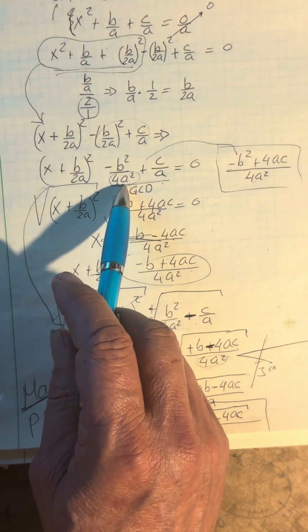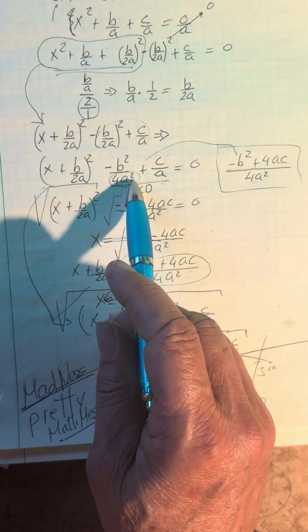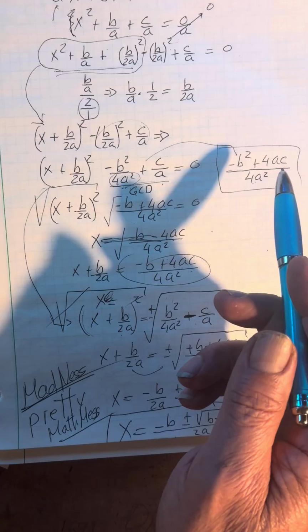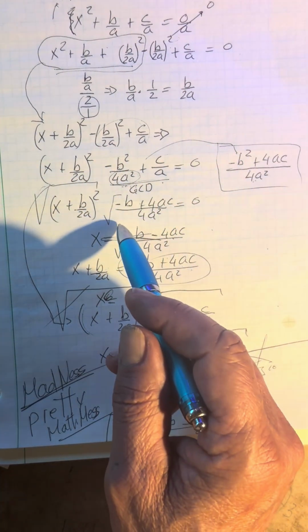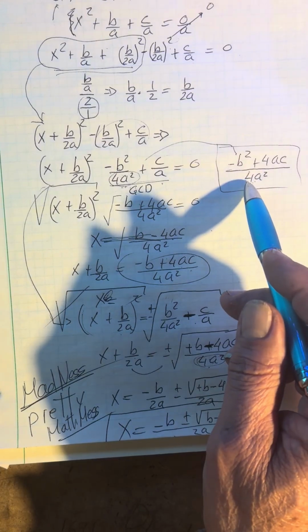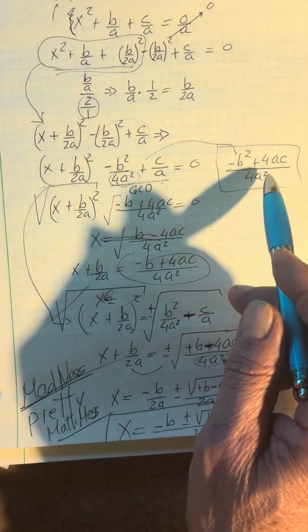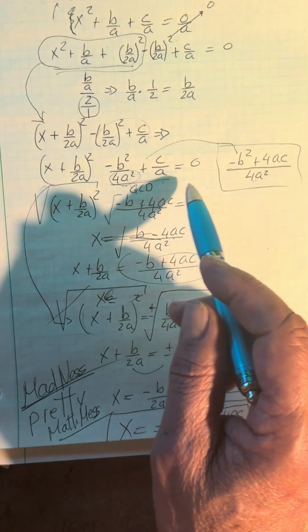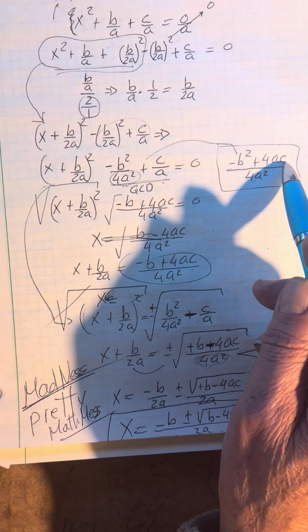Then you divide 4a by 4a squared, which is 1, times b, which is b squared, and then you divide 4a squared by a, then 1a falls out, and that's why we get 4ac.